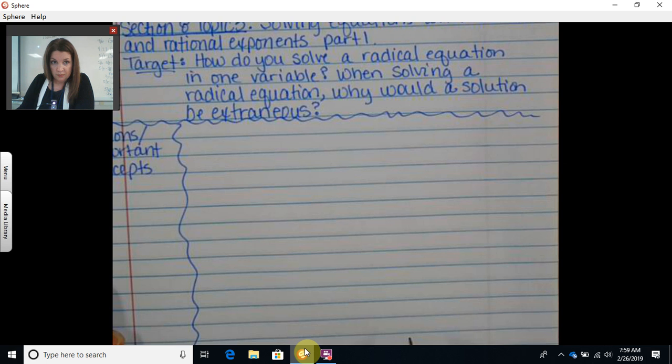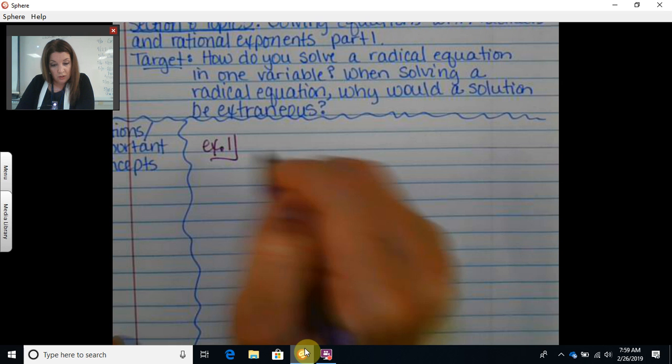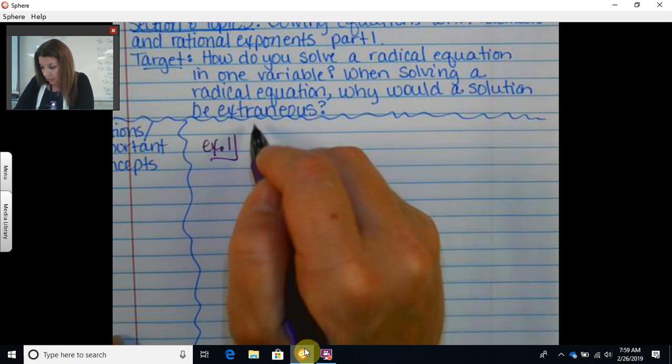Example 1. Directions say solve the following equations.